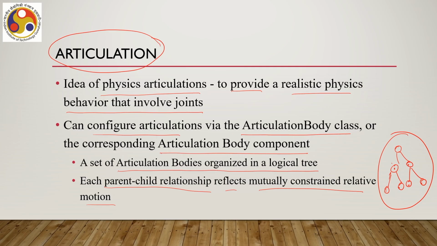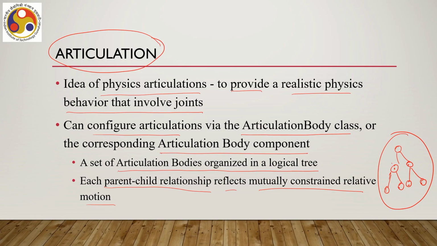And when you are dealing with such complex figures and try to make those move, then you do not need to actually bother about the nitty-gritty of the joint movements and relative constraints. Instead, this articulation body class or articulation body component can take care of it on your behalf.